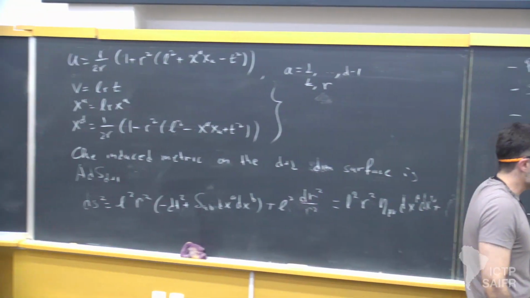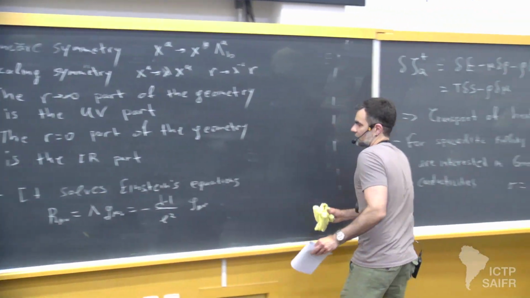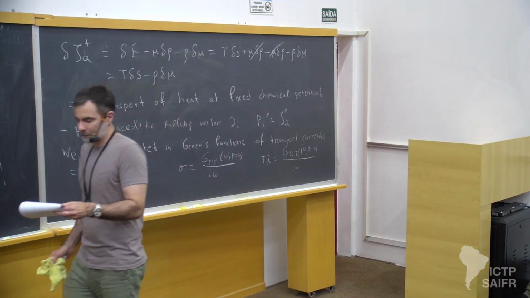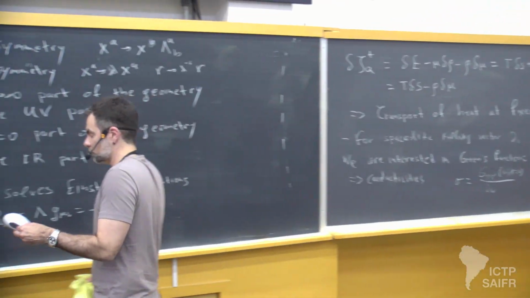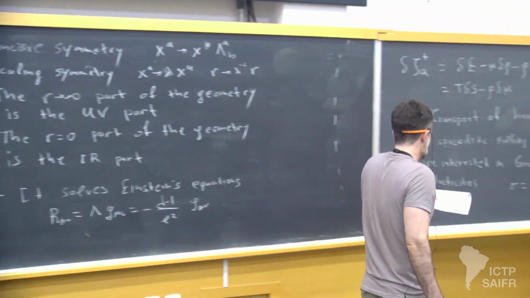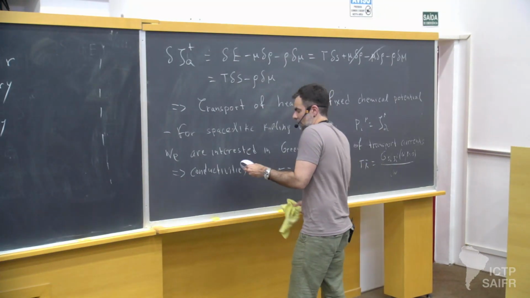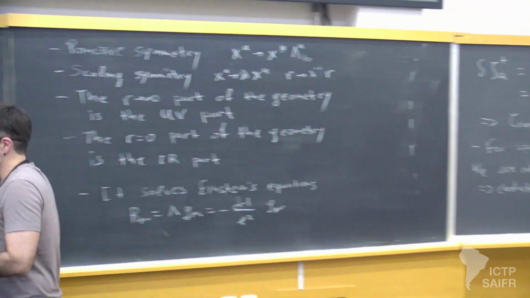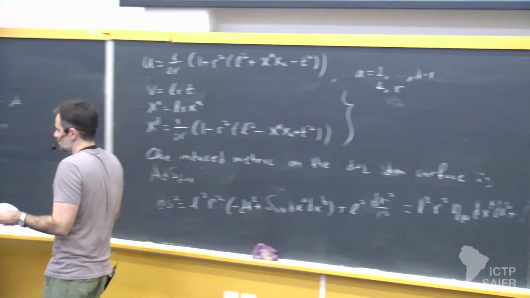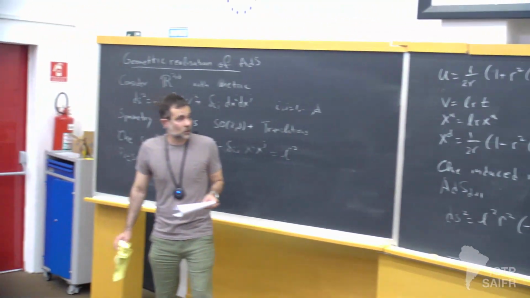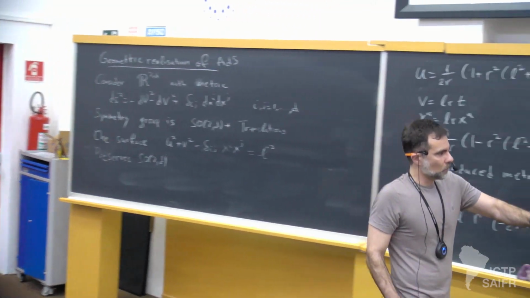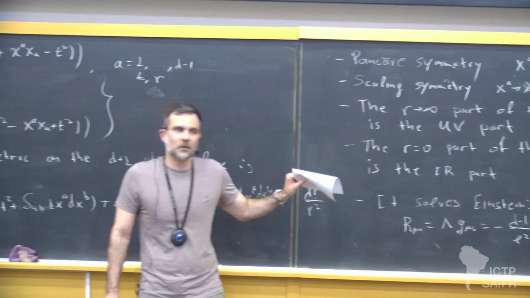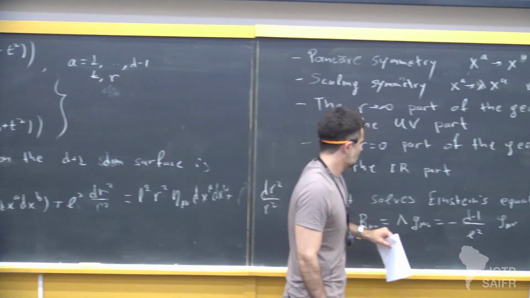However, AdS is not the only solution that Einstein's equations with a negative cosmological constant have. They have more solutions, and they have more general solutions which only asymptote to AdS in the R goes to infinity limit. I will say more about this when I tell you about the gravitational theories that I will be interested in.